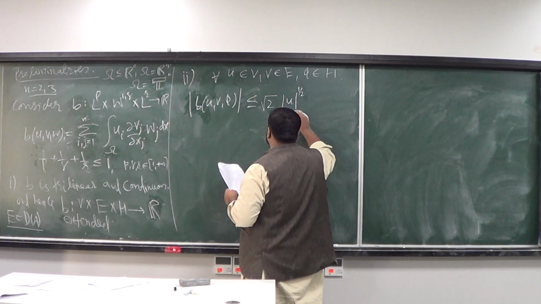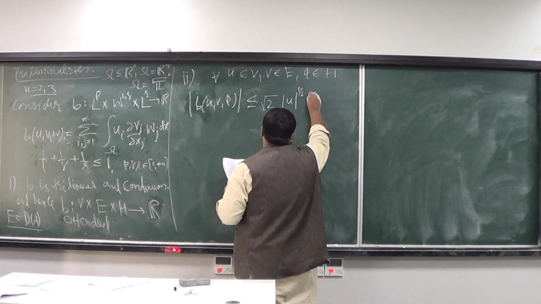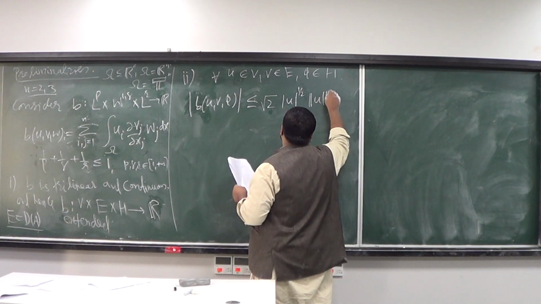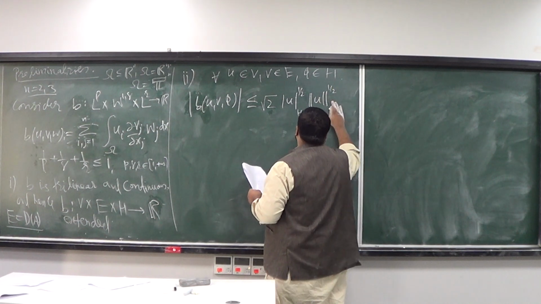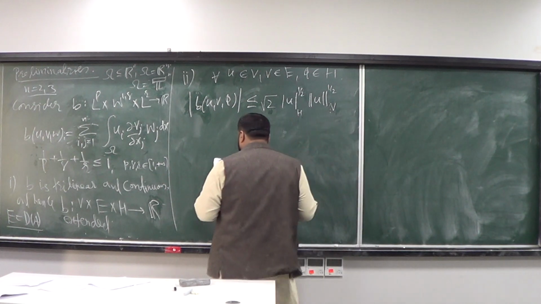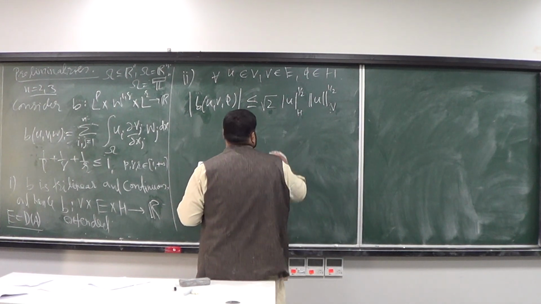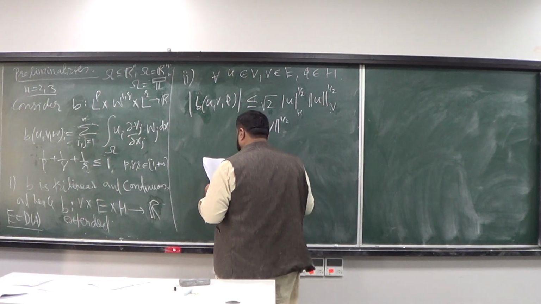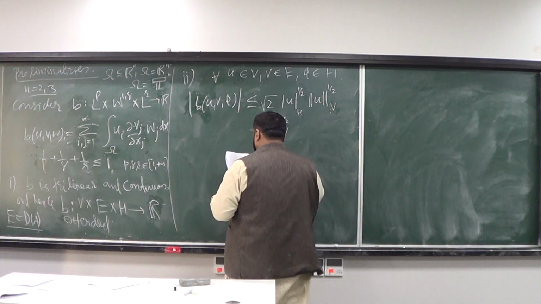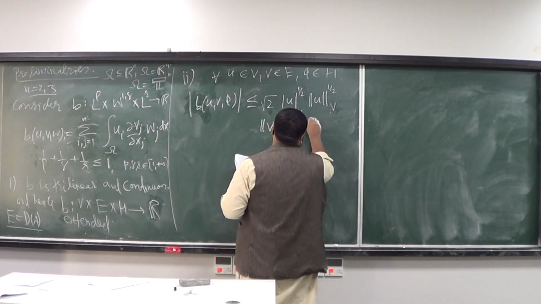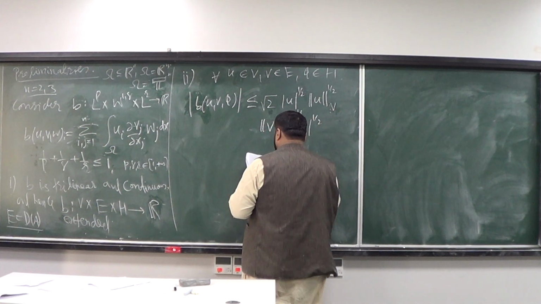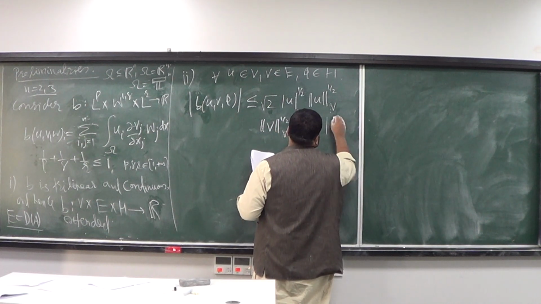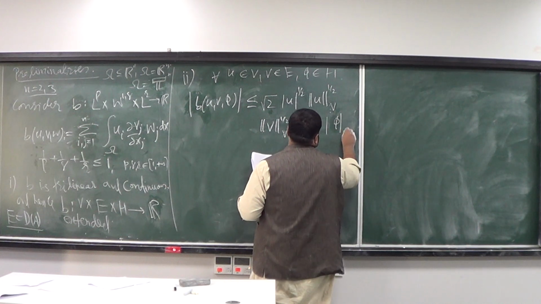raised to 1/2 h, that's h norm, u 1/2 v norm times v 1/2 v norm, v 1/2 e norm and the phi norm of h actually.